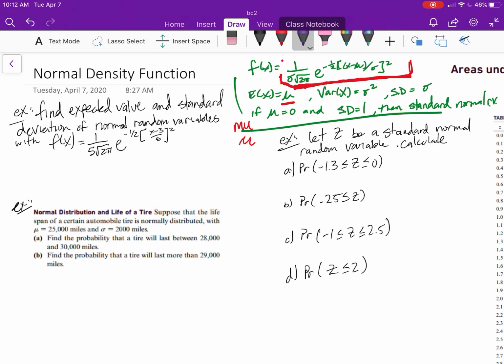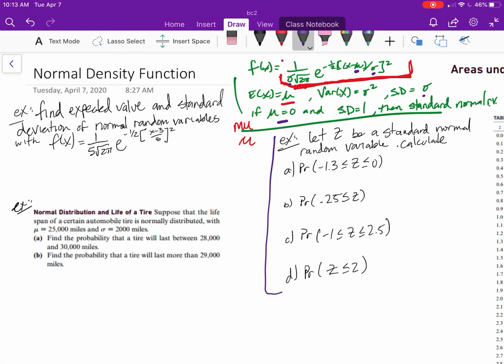And in particular, if the mean, if the expected value is 0, and the standard deviation, the sigma, is 1, then it falls under the standard normal curve, and we could use a z-score, and we'll look at that in this example here.